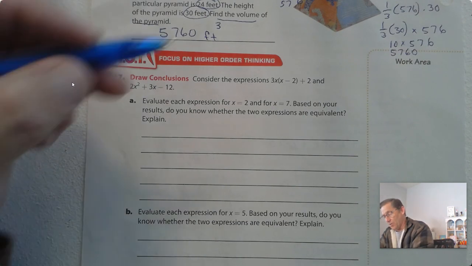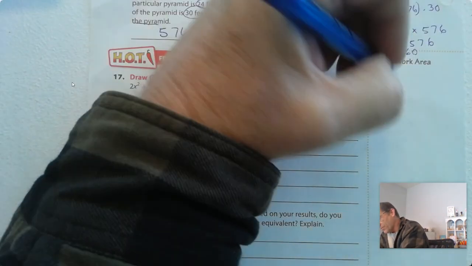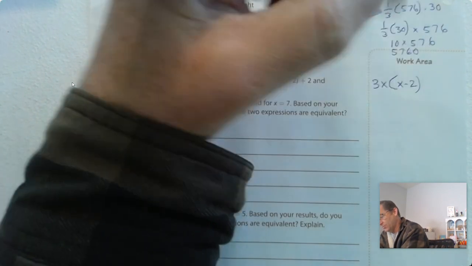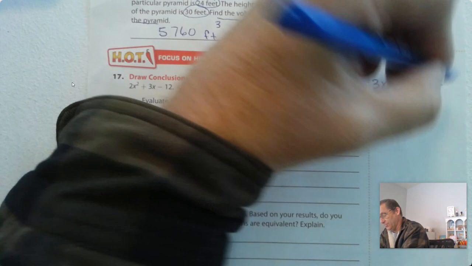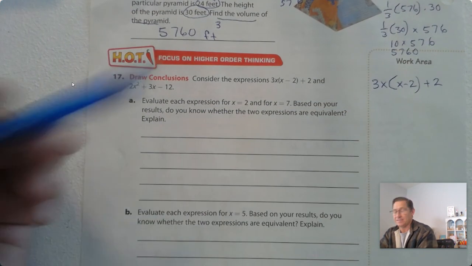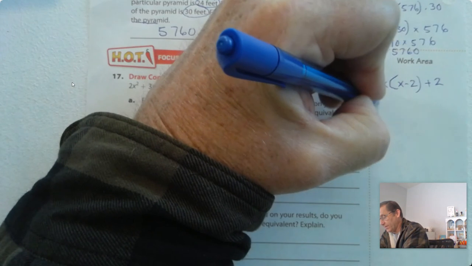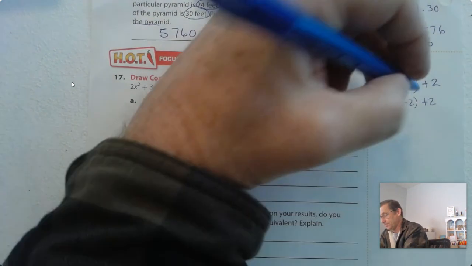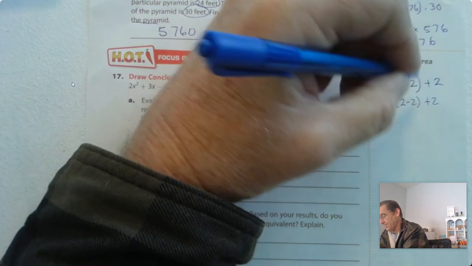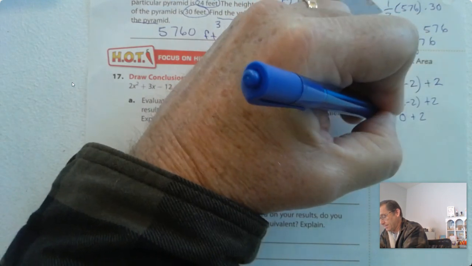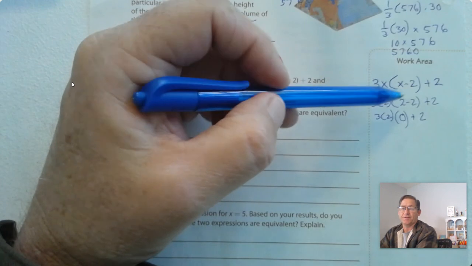All right, so 3 times x, x minus 2, plus 2. And we have to solve both for x equals 2 and x equals 7. So let's start with 3 times 2. Okay, so when x equals 2, our first expression, do parentheses first.